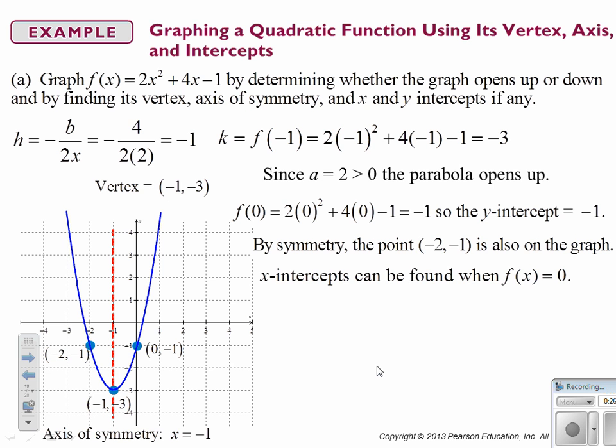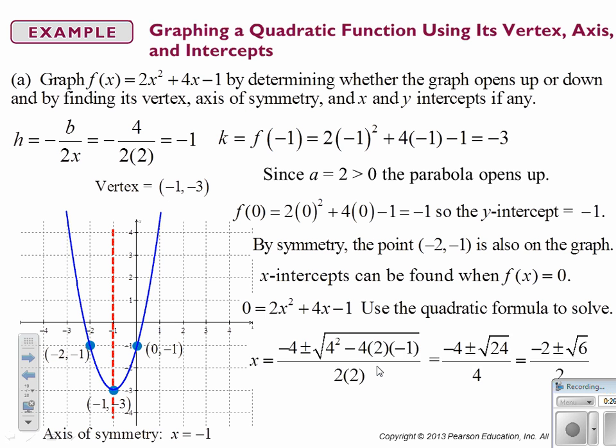If I set my function equal to 0, I can find my x-intercepts. We have to use the quadratic formula to do that. So we have negative b plus or minus the square root of b squared minus 4ac, all divided by 2a.